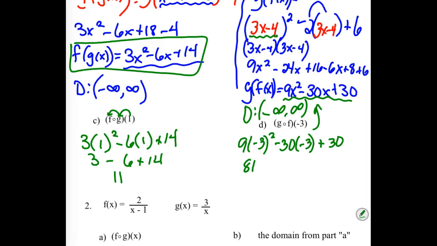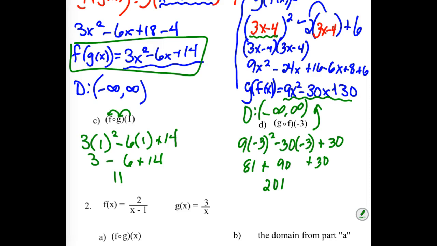What's negative 30 times negative 3? 90? Okay, plus another 30? 81 plus 90 plus 30? Okay. Questions about that?